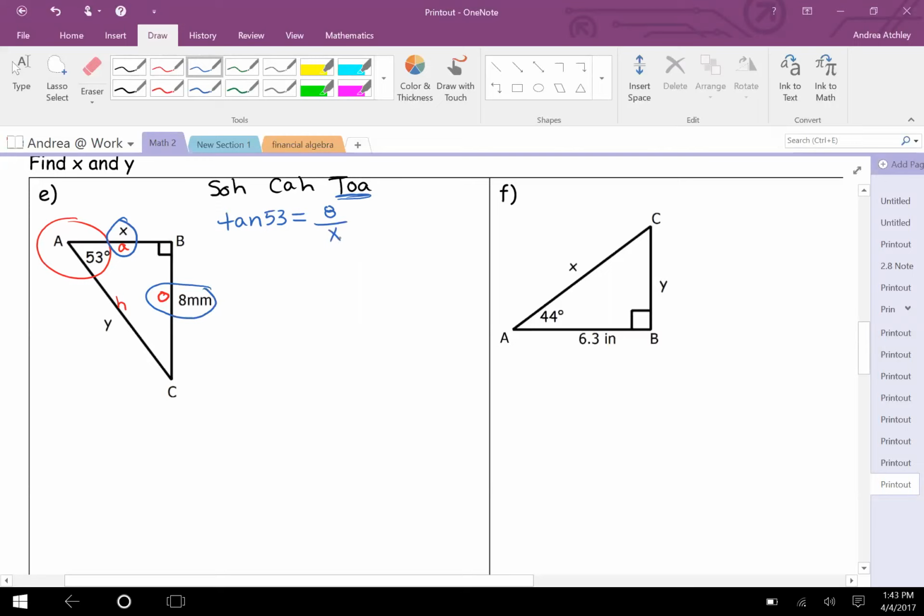We now have an equation that we're going to solve. You need to get x by itself to solve this. So this is now a proportion. So I'm going to put tangent of 53 over 1 and then cross multiply. So x times the tangent of 53 is x times the tangent of 53 degrees.